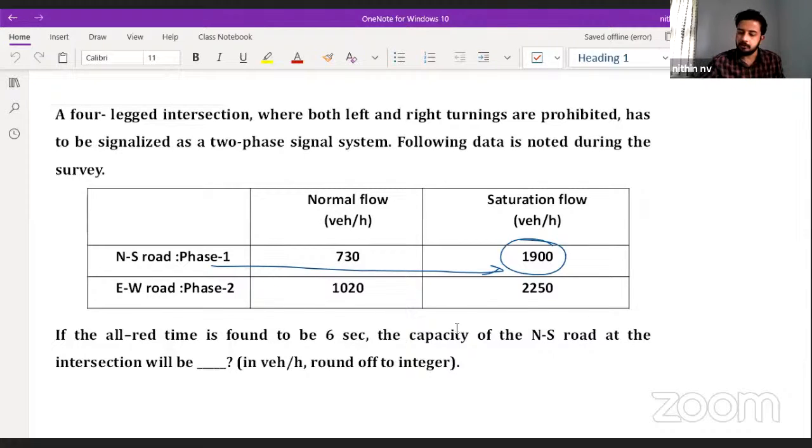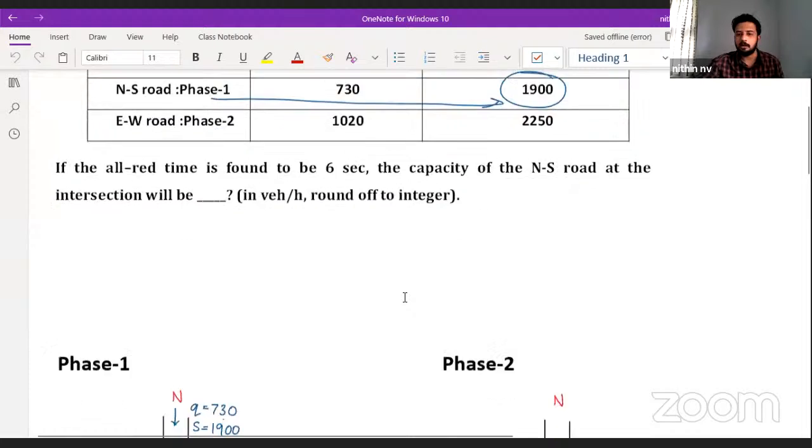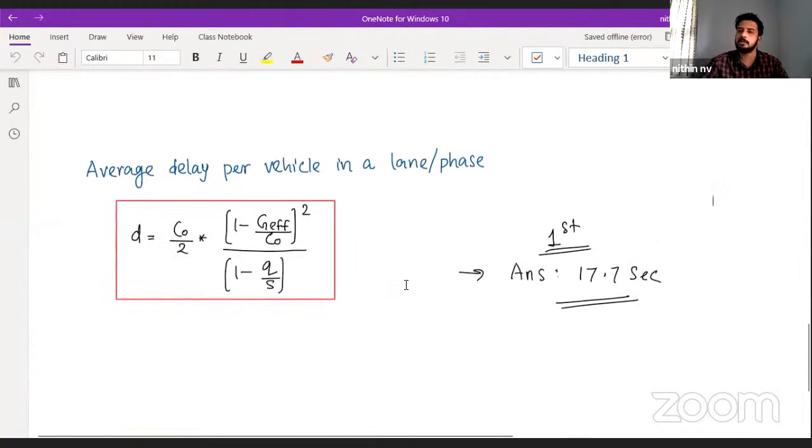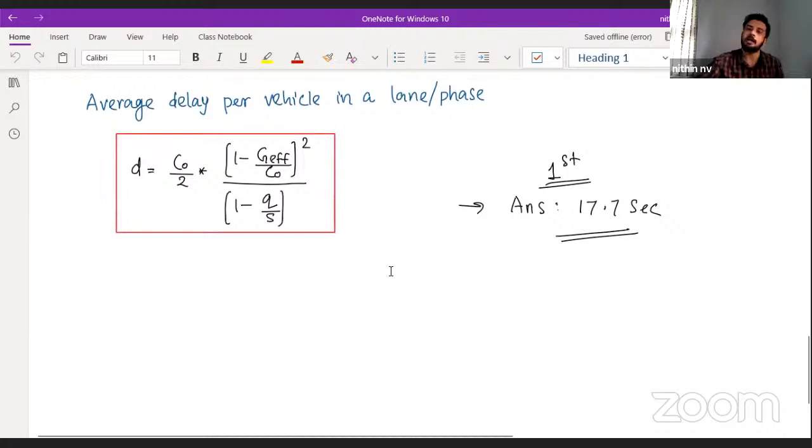I don't know how many of you have attended that particular session, so you just check it, okay? Direct substitution, we have solved all these: effective green time, capacity, average delay and all. Like this, for phase 1, all the values we calculated, C0 we calculated, effective green time we calculated, q and s also were given in the question, and we were getting 17.7. Okay. So till this we have discussed till part 2.